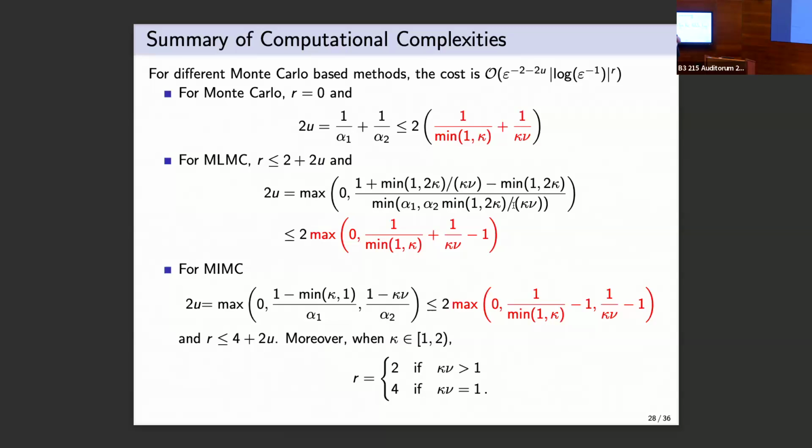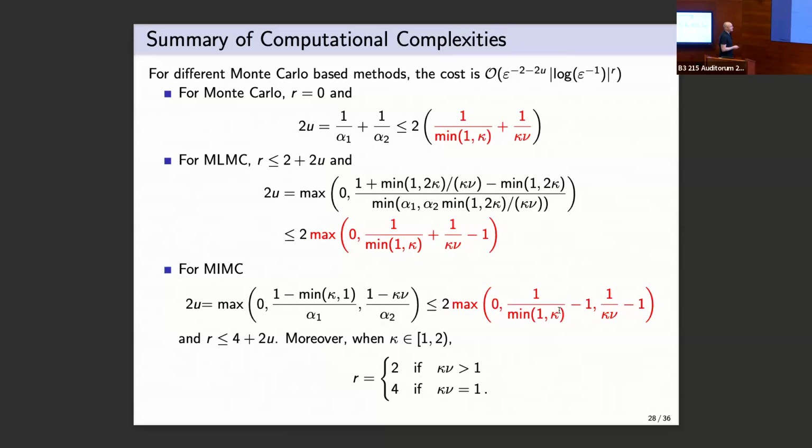And this is a summary of the performance you achieve for different numerical methods. The computational cost for approximating the SPDE we considered is given on top here, reaching the mean square error epsilon to the minus 2 in the weak approximation, where the second exponent has the following form for Monte Carlo, the following form for multilevel Monte Carlo, and this form for multi-index Monte Carlo.